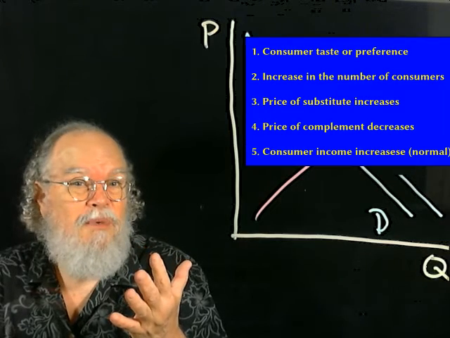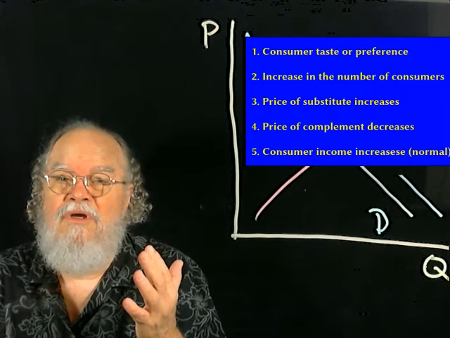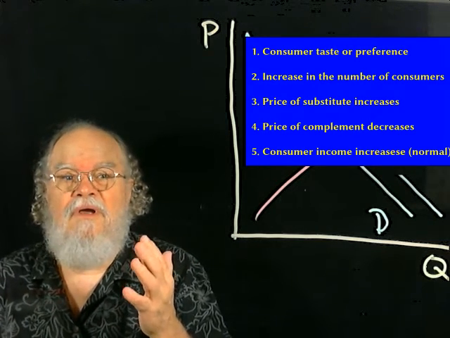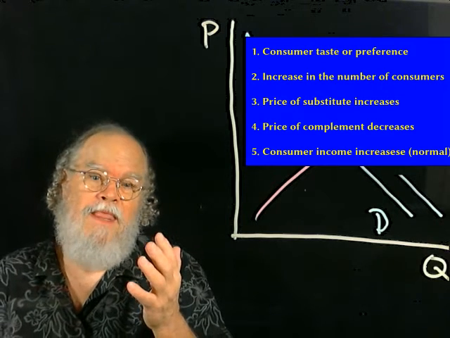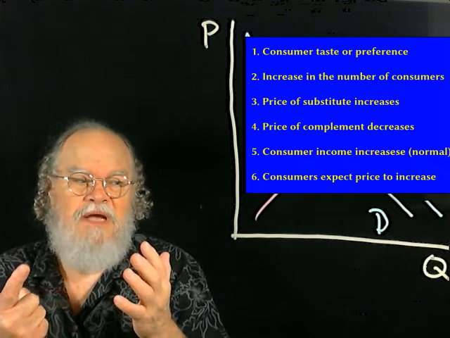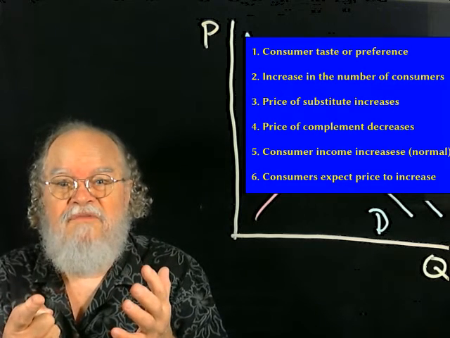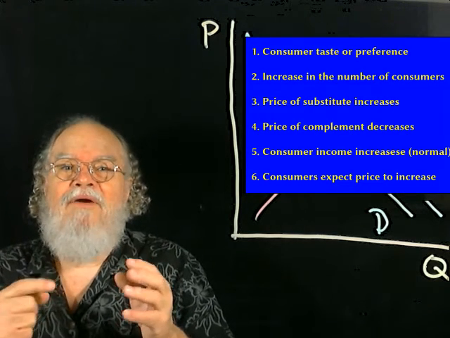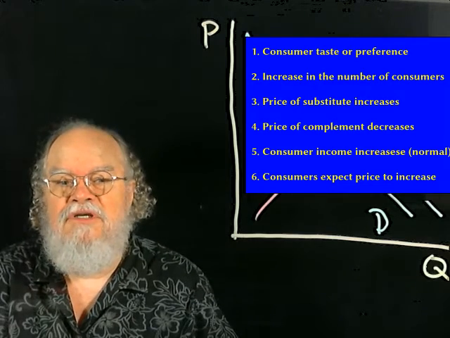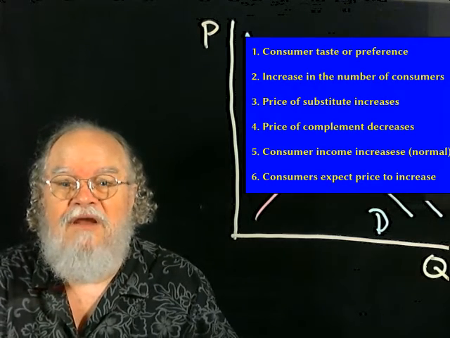When consumer income increases for a normal good, or decreases for an inferior good, and when consumers expect that the price will increase in the future. We call this expectations. From a macroeconomic point of view, consumers include households, firms, and government.